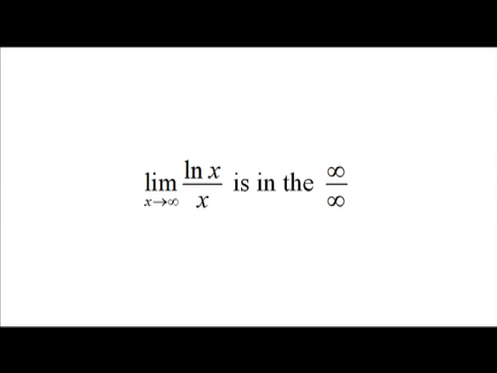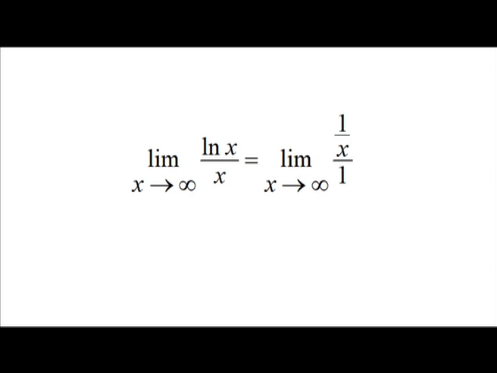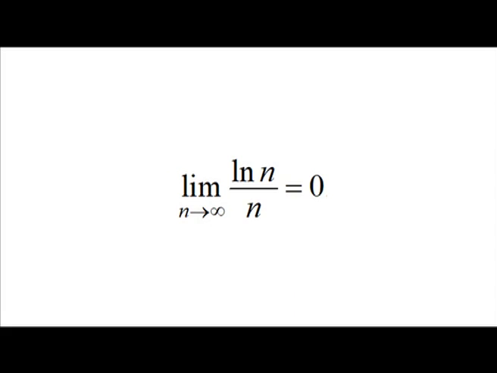Now the limit of natural log x upon x as x approaches infinity is in the infinity upon infinity form. Therefore, it equals the limit of 1 upon x upon 1 as x approaches infinity using L'Hopital's rule, which is equal to 0 upon 1, which is equal to 0. We conclude that the limit of natural log n upon n as n approaches infinity is 0.